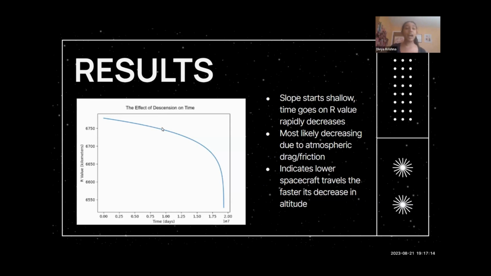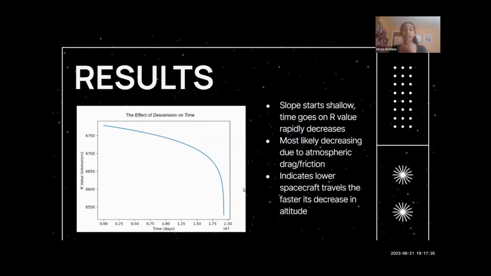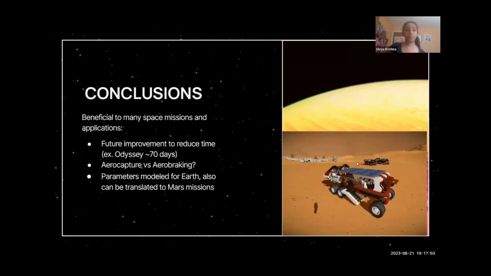And then, as we have the spacecraft decreasing even more, the time exponentially decreases, showing that as the spacecraft gets lower and comes into more contact with the atmosphere, in this case, Earth's atmosphere, we see the time drastically decrease. And so, again, this is due to the atmospheric drag and friction, and indicates that the lower the spacecraft travels, the faster its decrease in altitude, and the less time it would take for that spacecraft to go to a planet, for example.